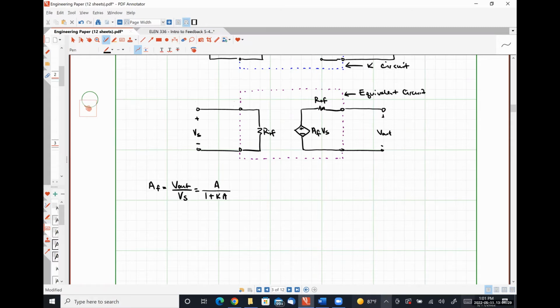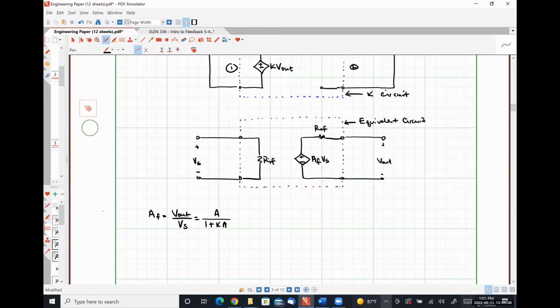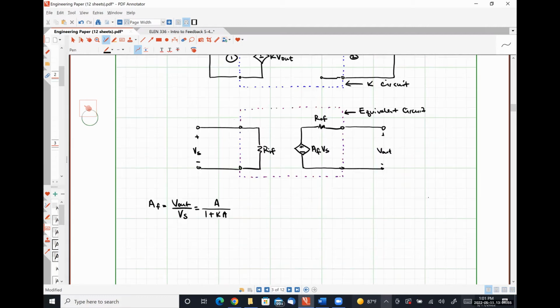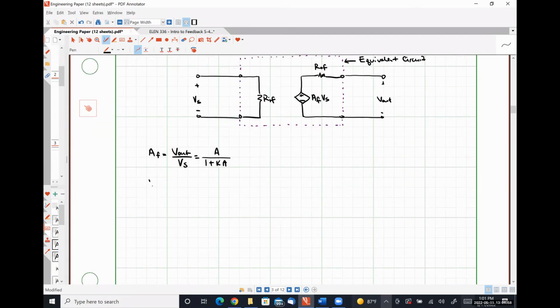In order to determine our input resistance with feedback, RIF, we're going to look at the input loop. Looking at the input loop, we can see that our voltage Vi should simply be Vs minus Vf. Well, Vf is just K Vout.